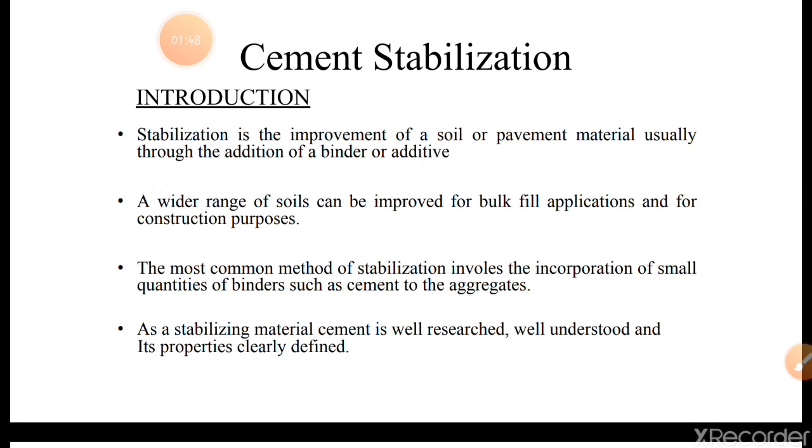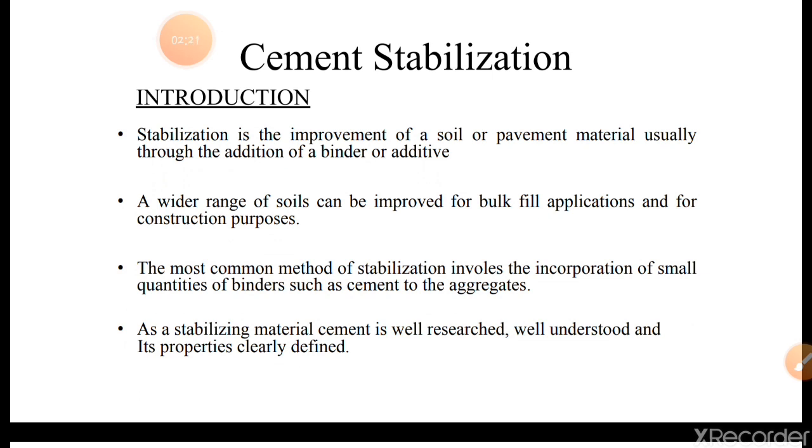We can use various chemicals, like cement, bituminous, lime, fly ash, some salt materials, lignin. A variety of materials can be added and tested to improve the properties of the soil. Research is still going on by adding two or three different materials in combination.